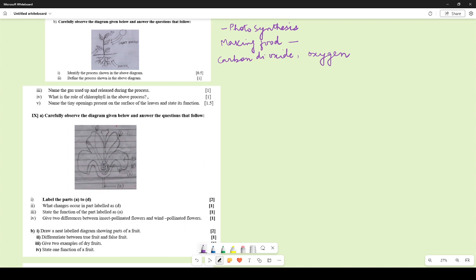Now the role of chlorophyll in the above process is that it traps sunlight. Now you cannot write chlorophyll gives green color to the leaves. It is asking about what is its role in the above process. You cannot say it gives green color. The process does not involve the green color. It traps the sunlight.